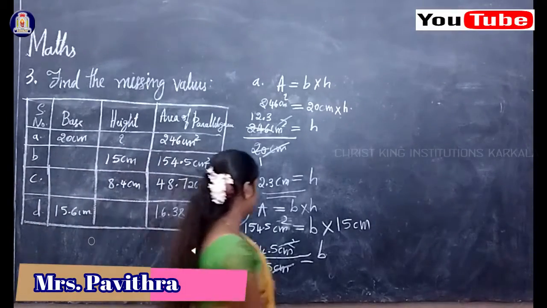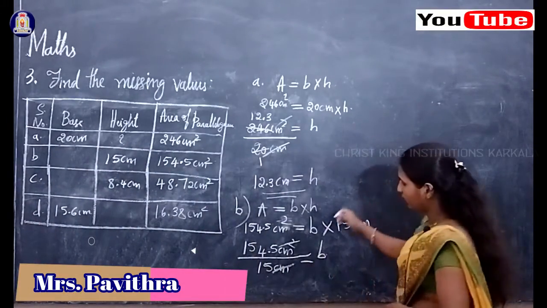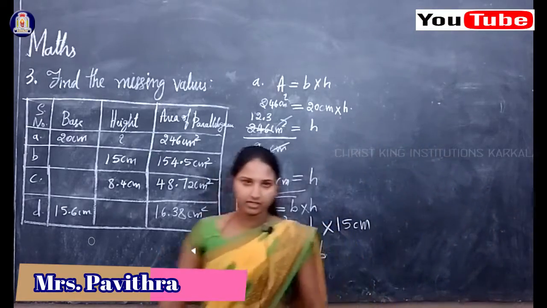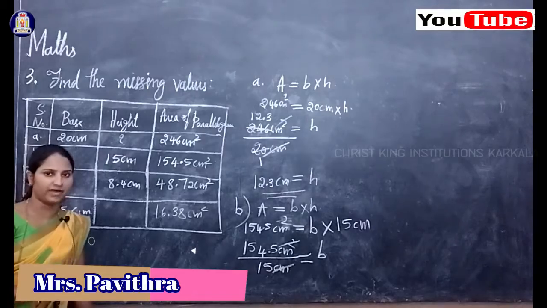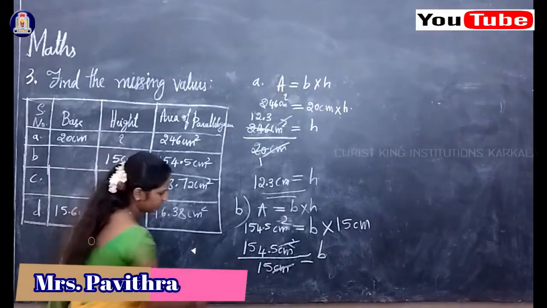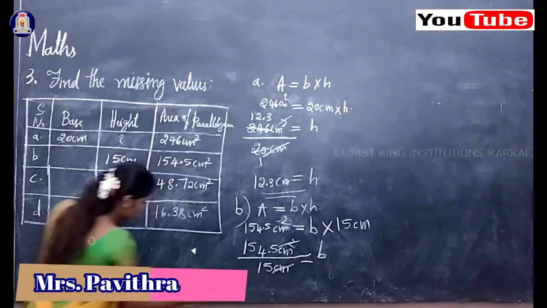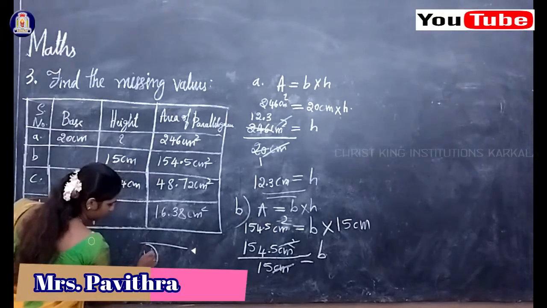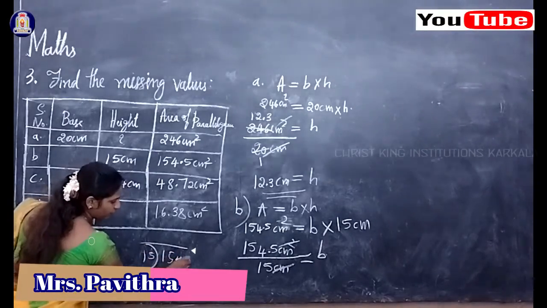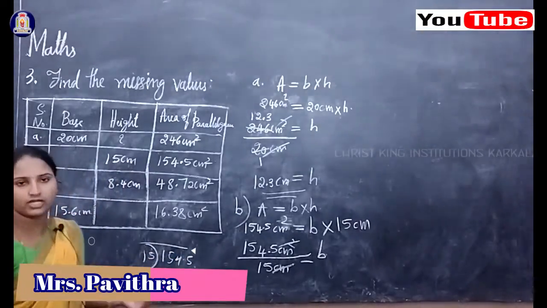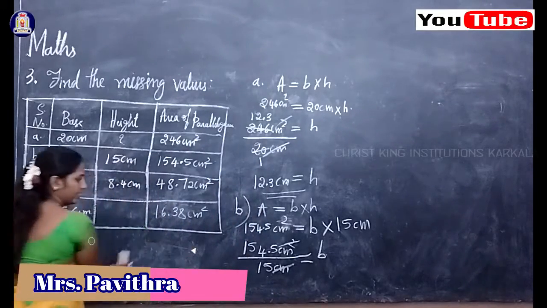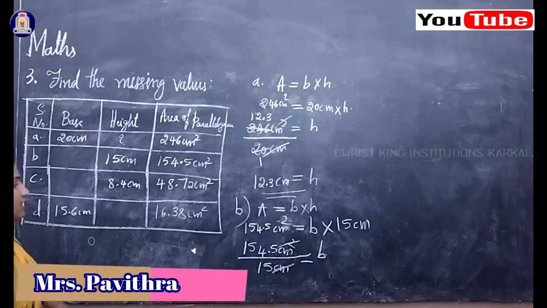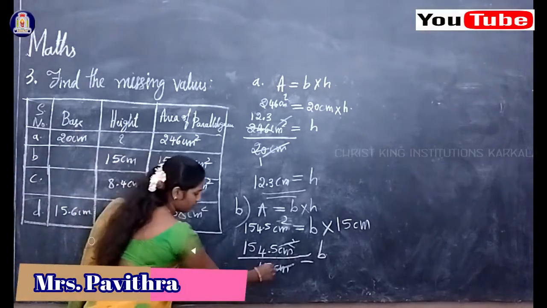You can divide 154.5 by 15 directly, or else you can use the long division method. Okay, we'll do the direct method.